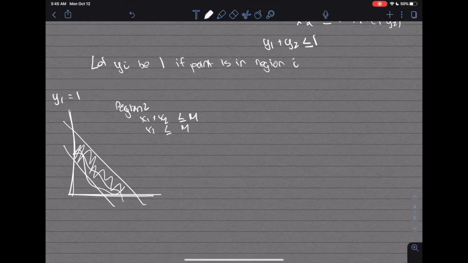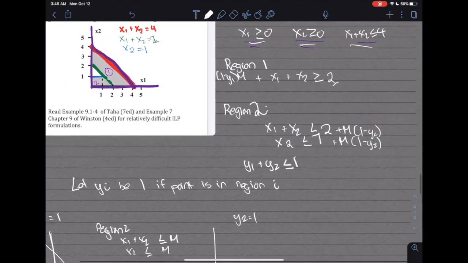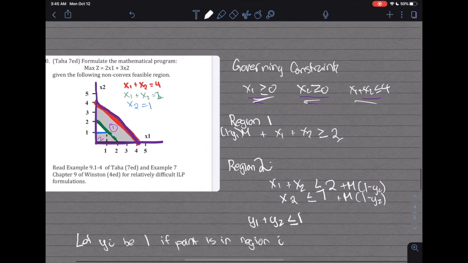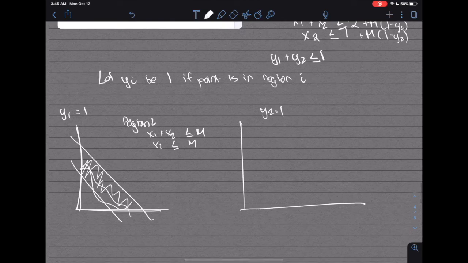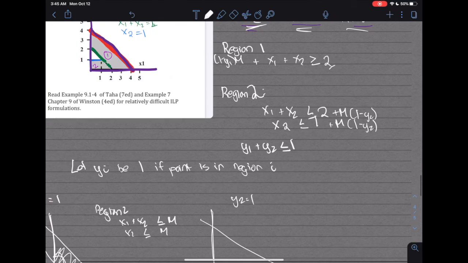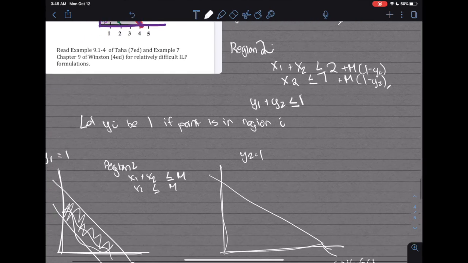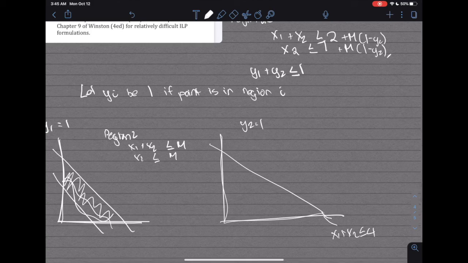Now, if y2 is equal to 1, you will still have, again, your non-negativity constraints given by this Cartesian plane. You will still have x1 plus x2 is less than or equal to 4. These constraints now will hold, which means you will have x1 plus x2 is less than or equal to 2, and x2 is less than or equal to 1.